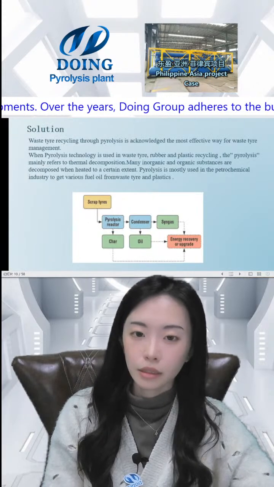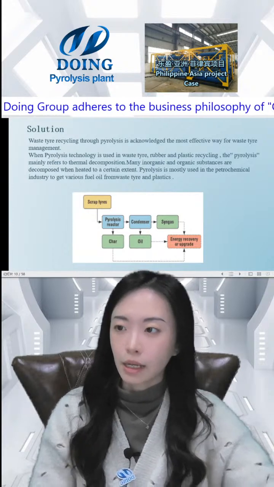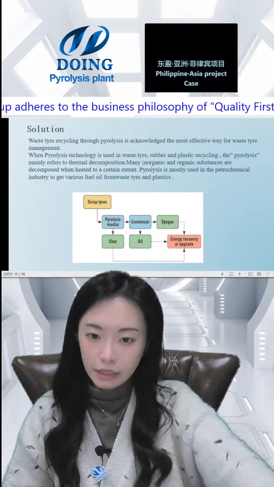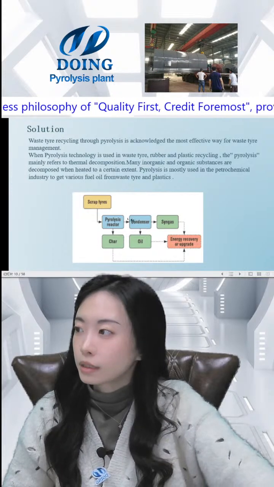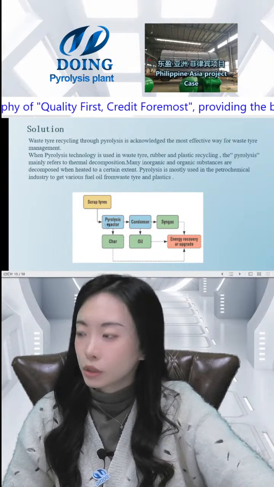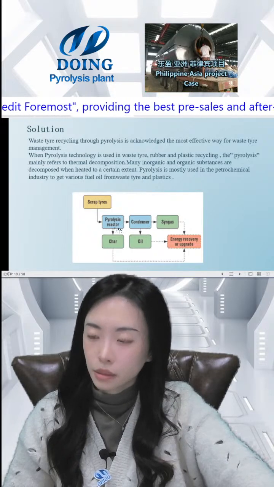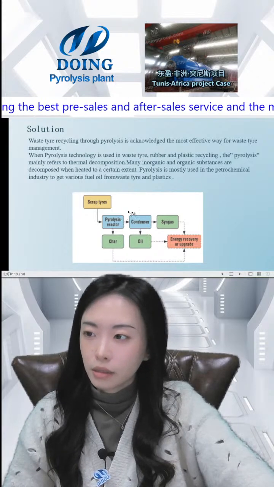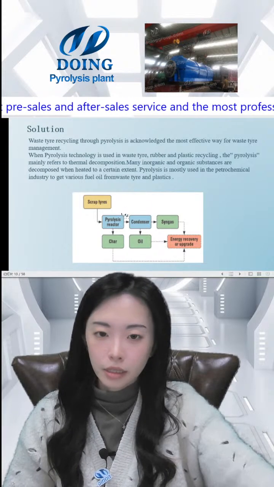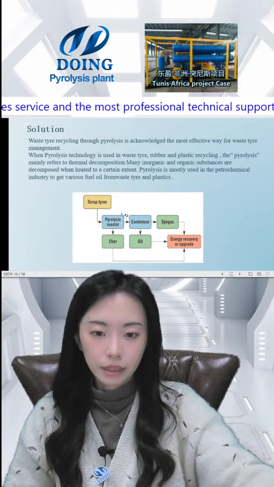And this is the solution, just a brief technique introduction that is better for you to understand. We take the scrap tires and put them into the reactor. In this step, we get the char. Then in the condensation system, the flue gas condenses into oil.